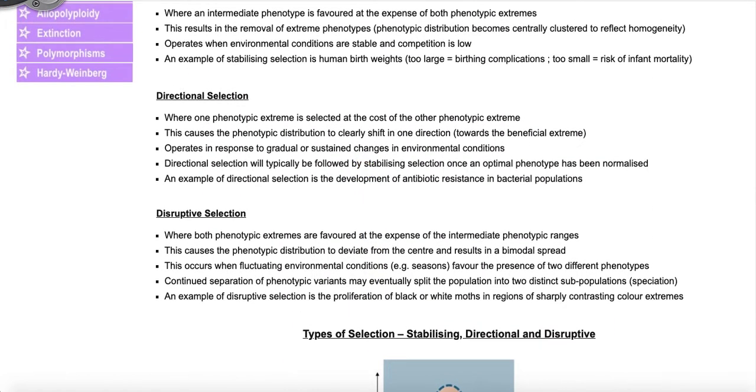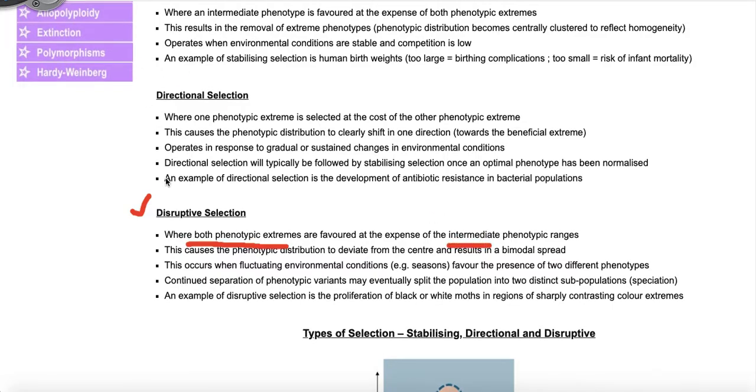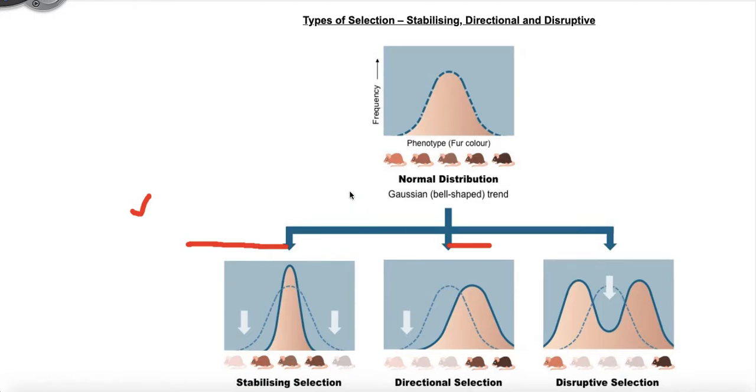So the last type of example is disruptive selection, where you see both phenotypic extremes favored at the expense of the intermediate. So as you see here in this graph, you see the extremes favored here and here, and you see the intermediate not being favored.